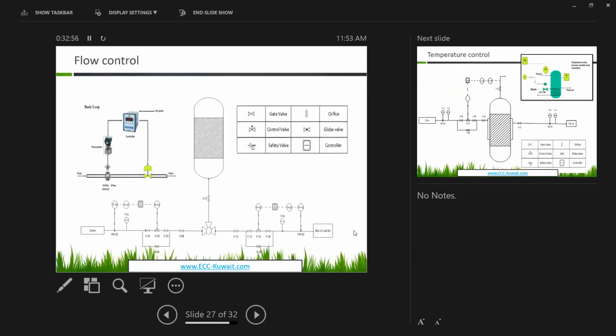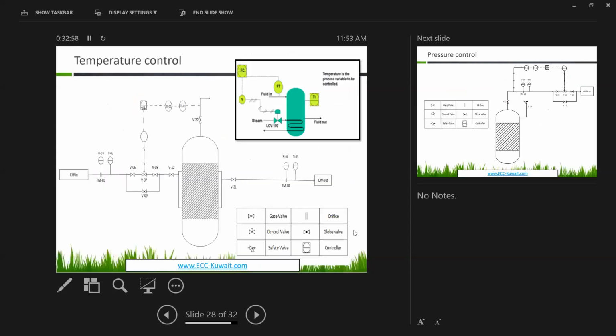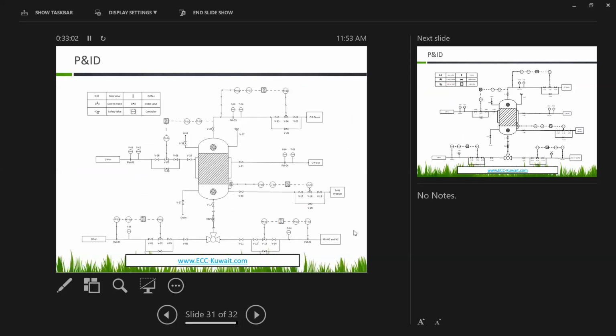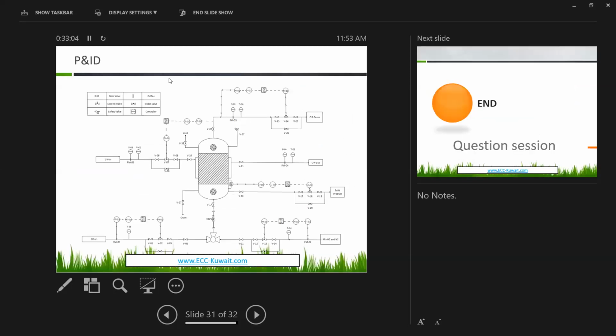Here you can check all of these slides in the video, and you can see that using Visio, we can make a full piping and instrumentation diagram for this reactor.